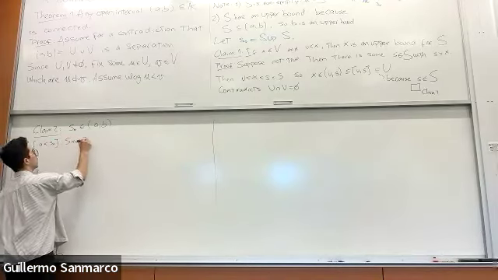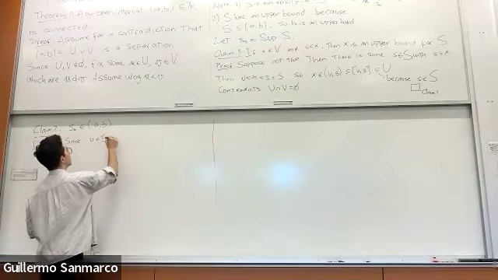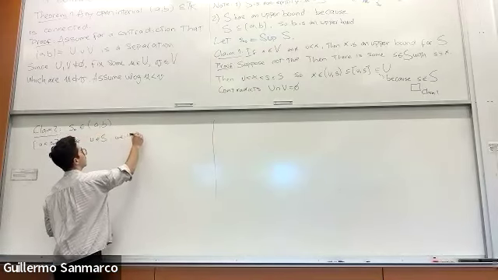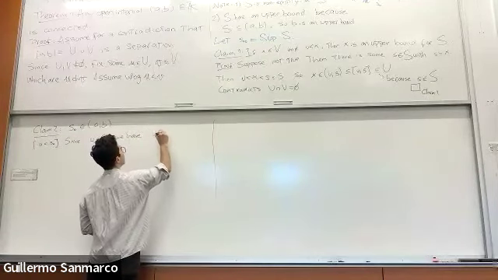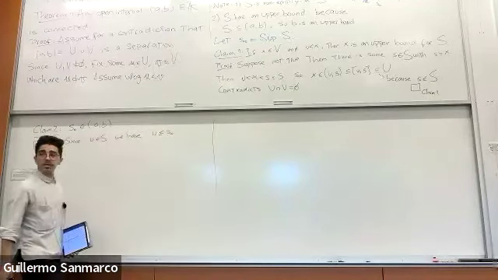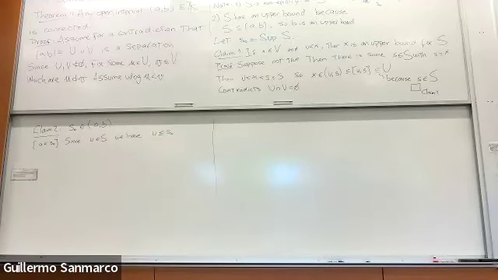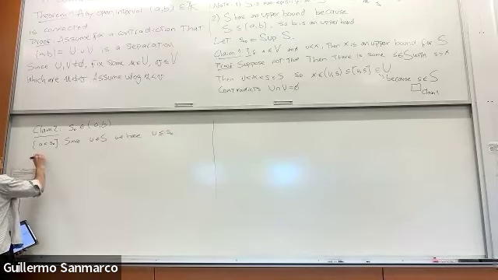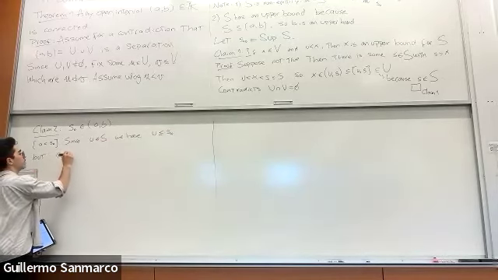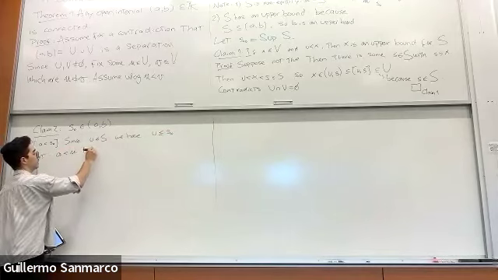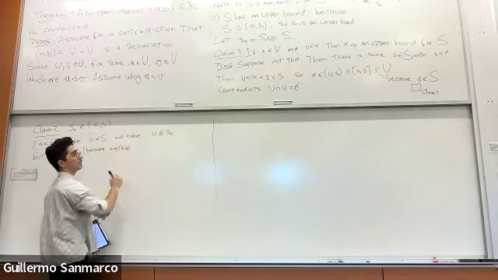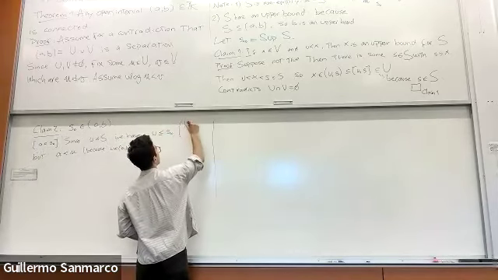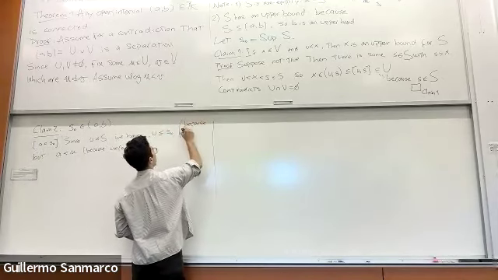Since U lives in S, we have U smaller than or equal to S naught, because S naught is an upper bound of S. But A is smaller than U, and this is because U lives in AB.